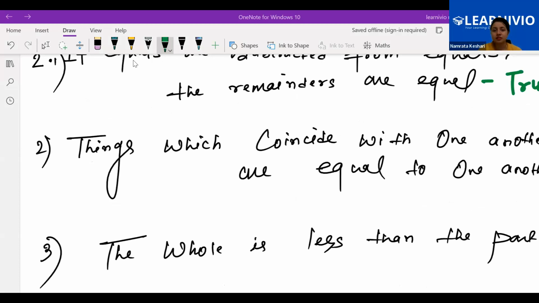Saad? True. Okay. Who said true? Bharti is saying true. Samya is also saying true. Heather is also saying it's true. Who said false?